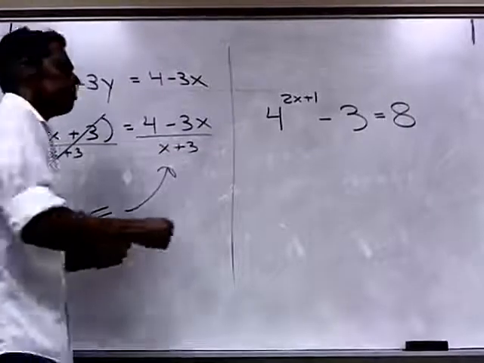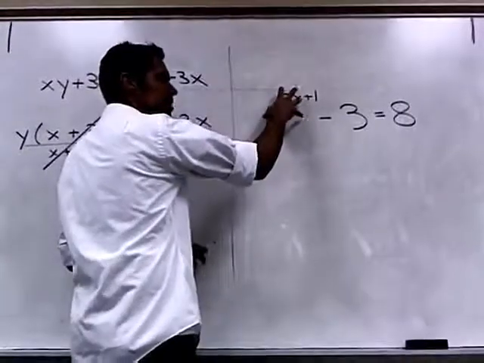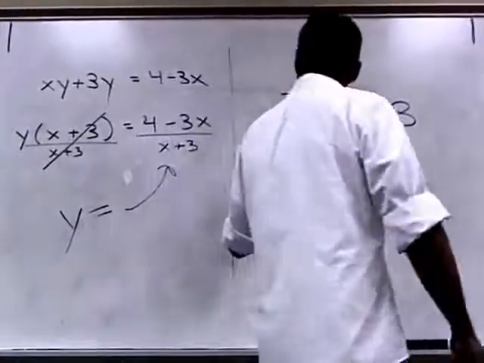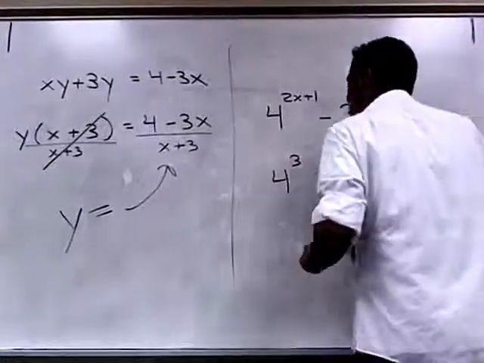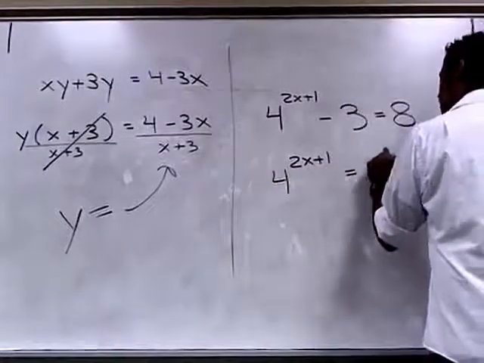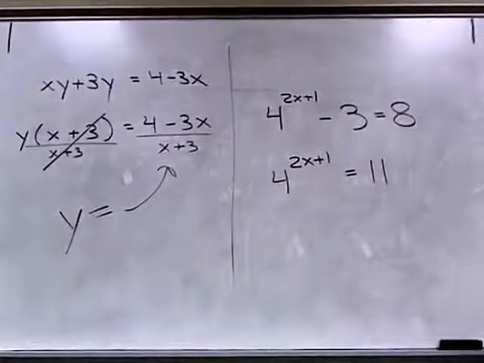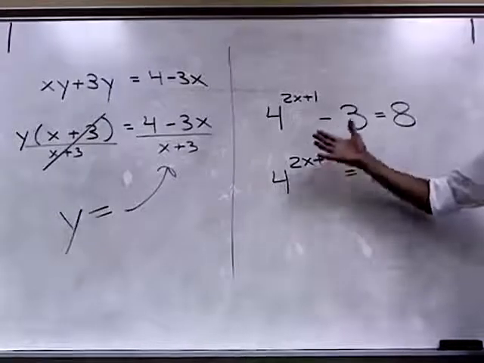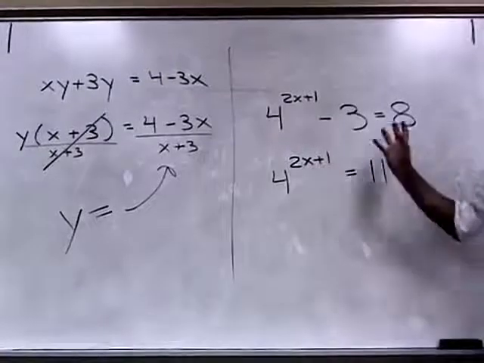To solve it, we're going to try and get the exponential term by itself, so I add 3 to both sides. 4 raised to the 2x plus 1 equals 11. Now that I have my exponential term by itself, I'm going to rewrite this using, yes?